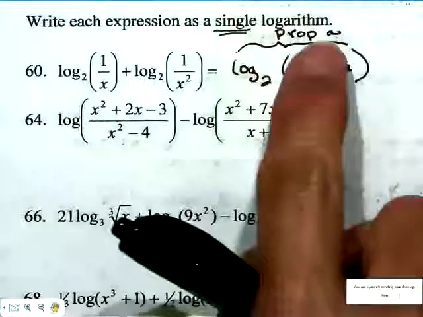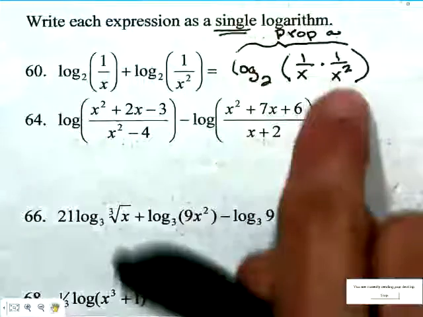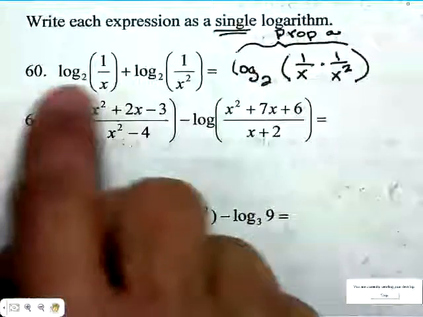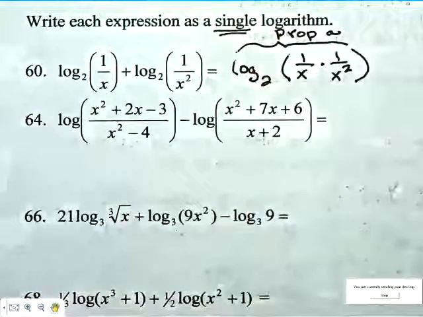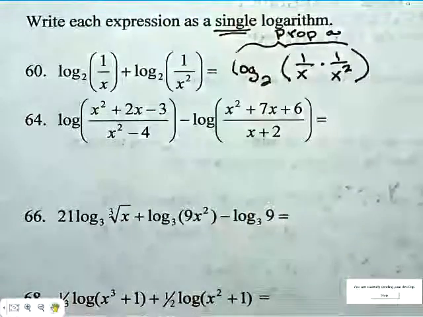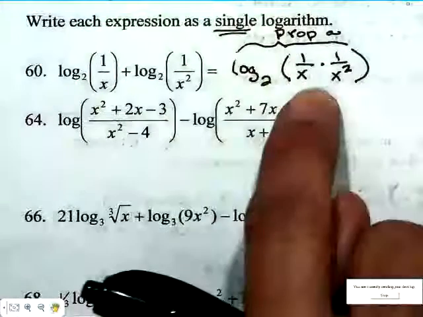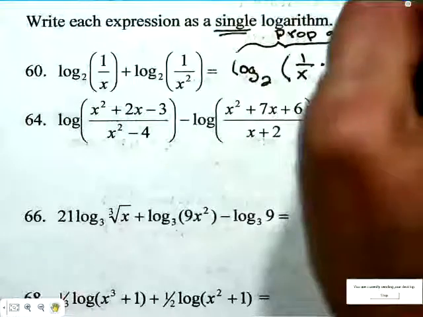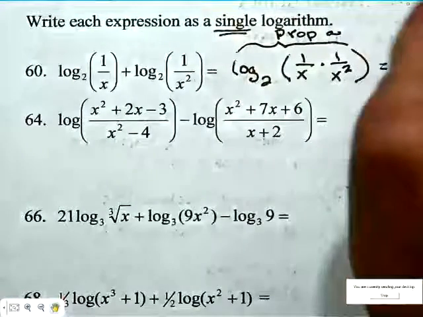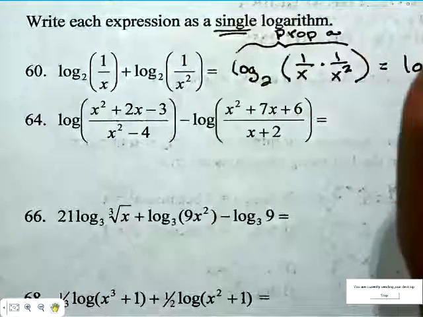The log of a product is taken apart into the sum of two logs. And then just simplify this argument as much as you can. You multiply those two fractions together. You have log base 2 of 1 over x cubed.